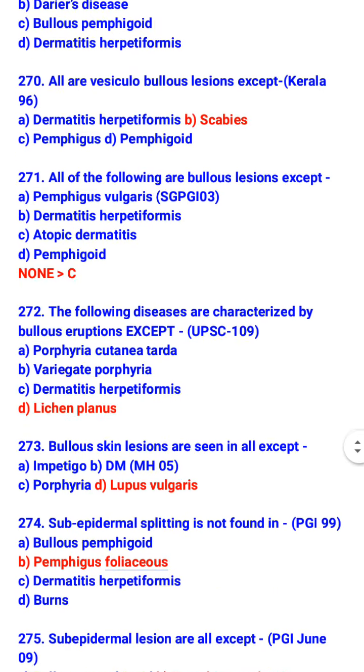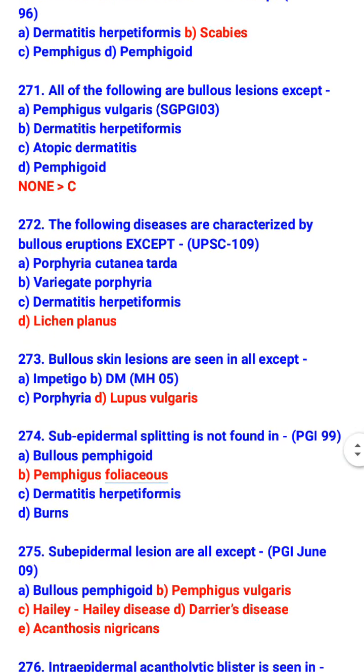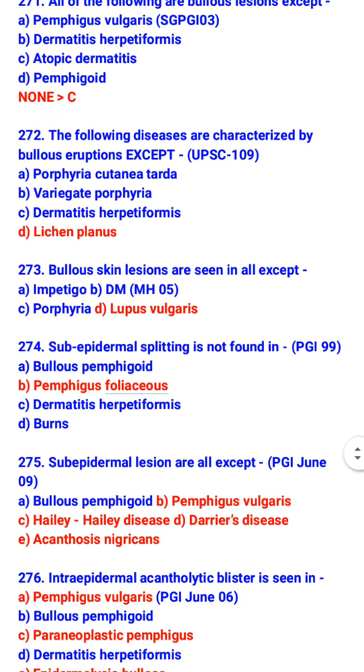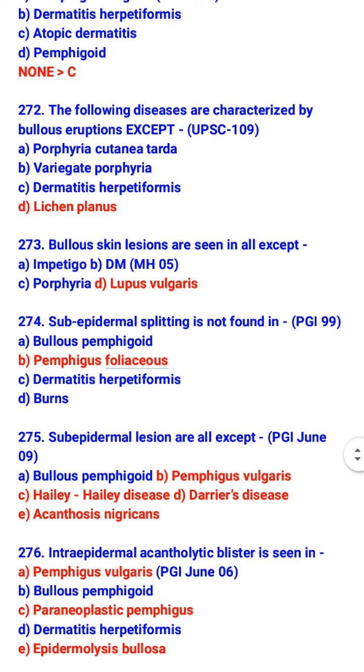The following diseases are characterized by bullous eruption except lichen planus. So in porphyria cutanea tarda, variegate porphyria and dermatitis herpetiformis, there will be bullous eruption. Bullous skin lesions are seen in all except lupus vulgaris. So bullous skin lesions are seen in impetigo, DH and porphyria.